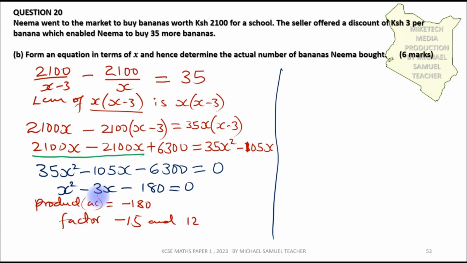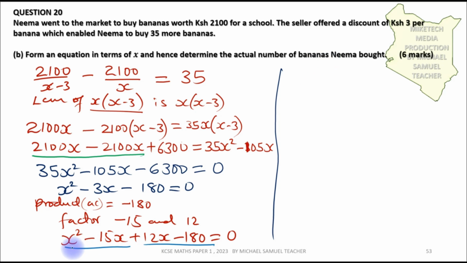So I'm going to rewrite this quadratic equation with the middle term expanded. So this will be x squared minus 15x plus 12x minus 180 is equal to 0. Then I take them in pairs and factor out what is common.